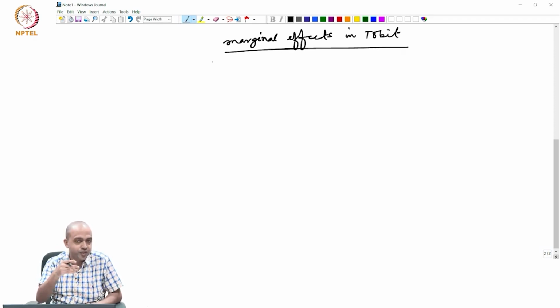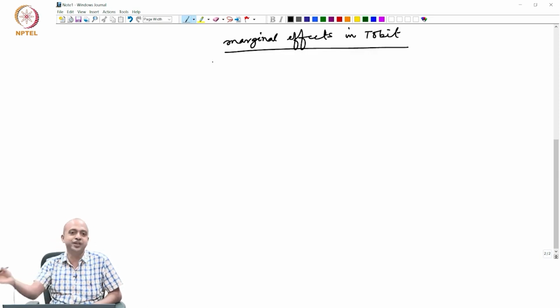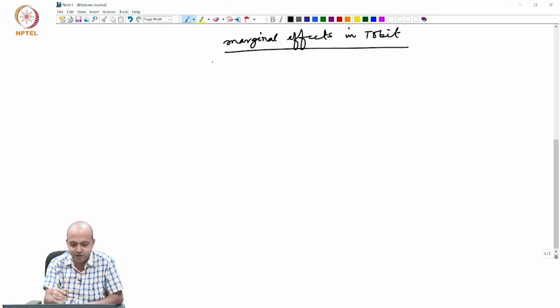In the first stage, the individual decides whether to participate in the labor force or not. That means from the first stage, we can calculate the probability that a married woman will participate in the labor force. That is why from the Tobit model, we can actually estimate the change in probability of labor force participation for a unit change in any of these explanatory variables. That is type 1 marginal effect.